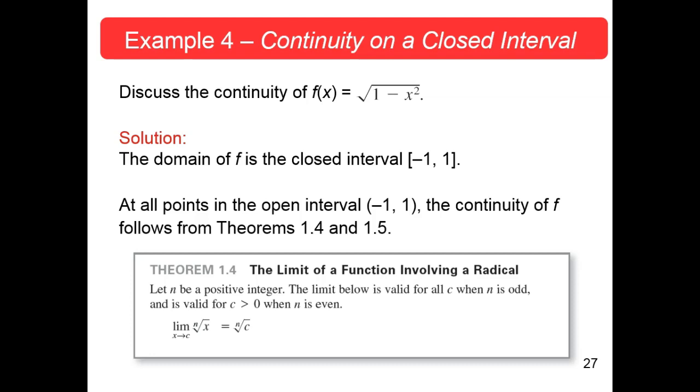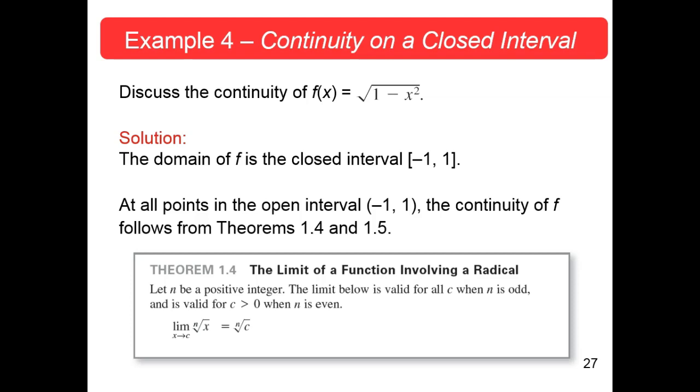So the limit of a function involving a radical: let n be any positive integer, making it usually the index. The limit below is valid for all c when n is odd. We haven't done this with odds before, but we're going to do it now. And it is valid for c greater than 0 when n is even.